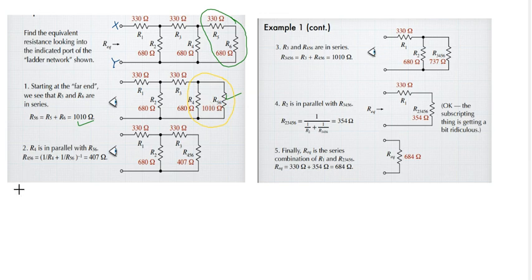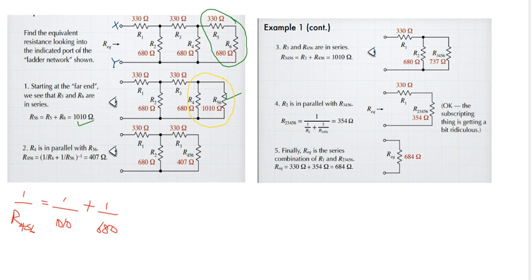If we do that, we're going to be having 1 over R456 is equal to 1 over 1010 plus 1 over 680. We are resolving this and this in parallel.